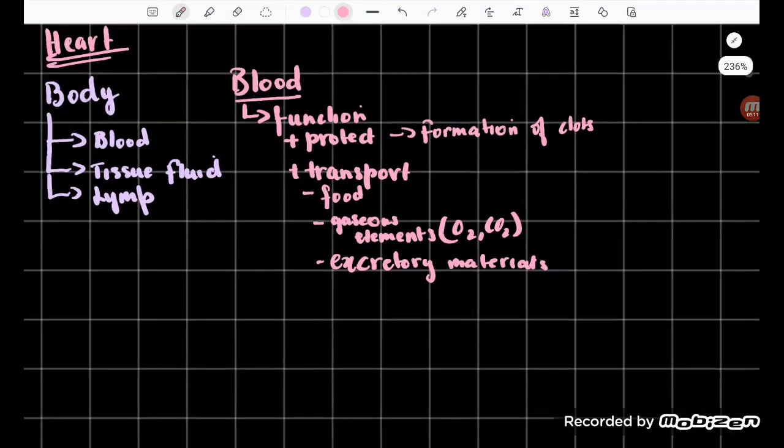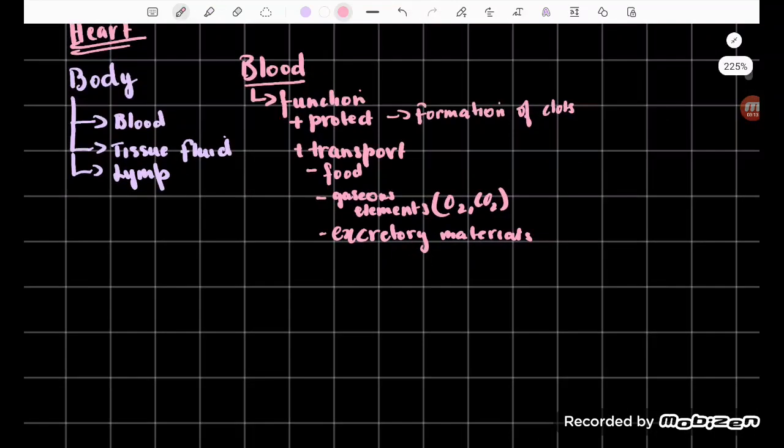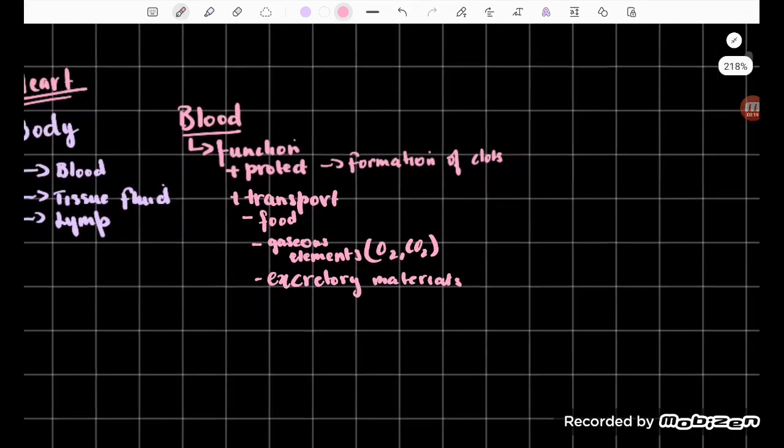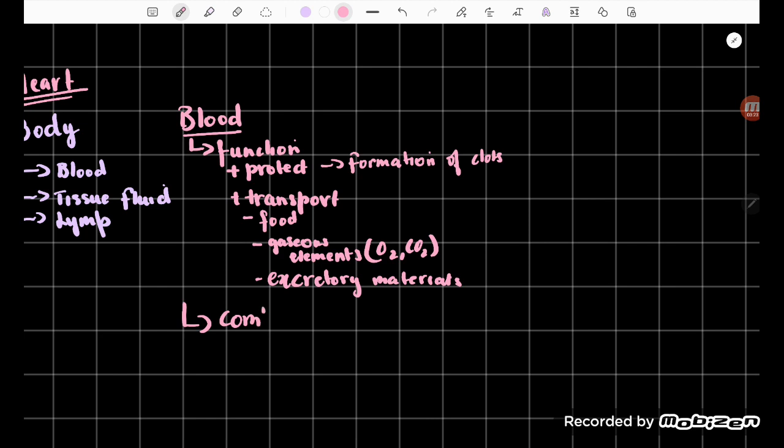Now with all that, let's look at the composition of blood. Here is our test tube.